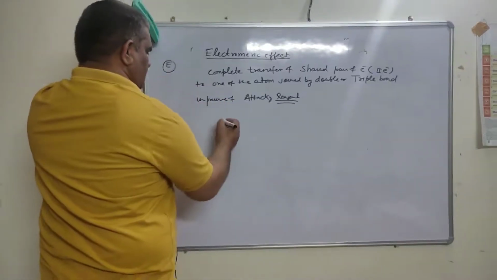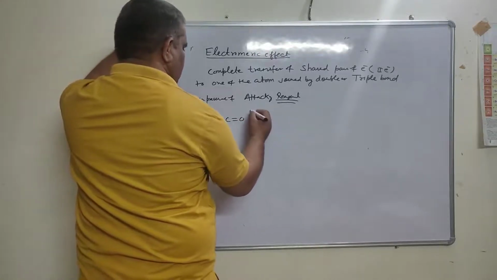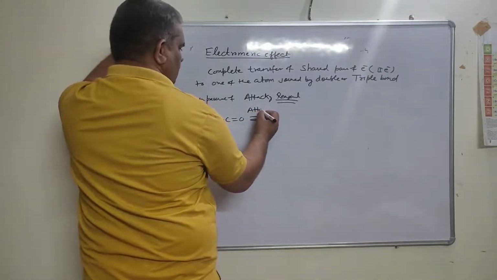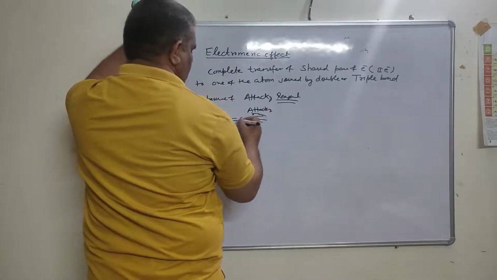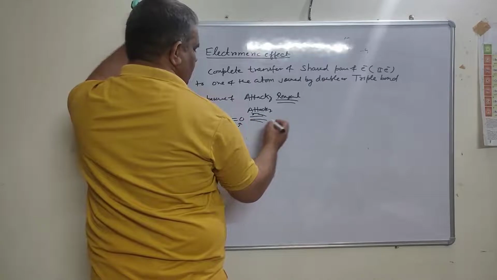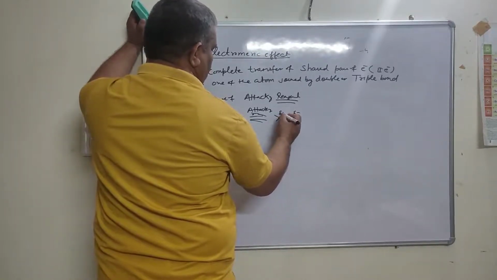For example, this is the carbonyl group. In presence of an attacking reagent, the pi electrons shift, and this becomes negative and this positive.